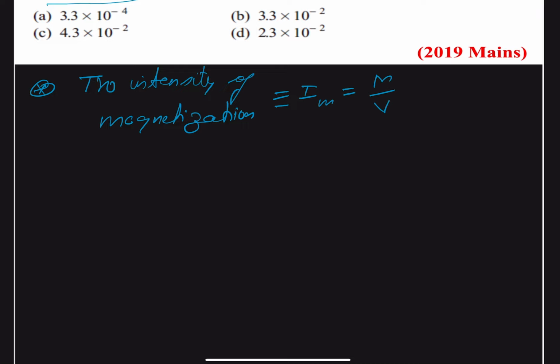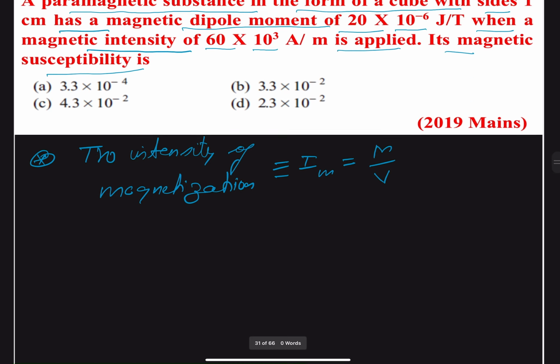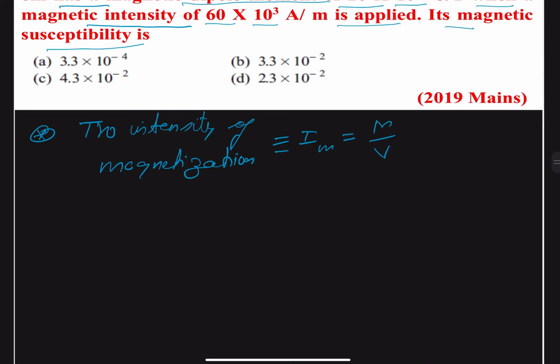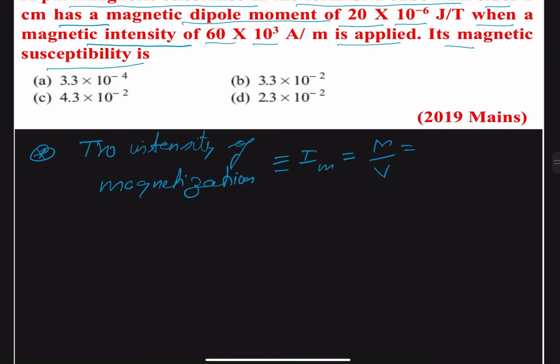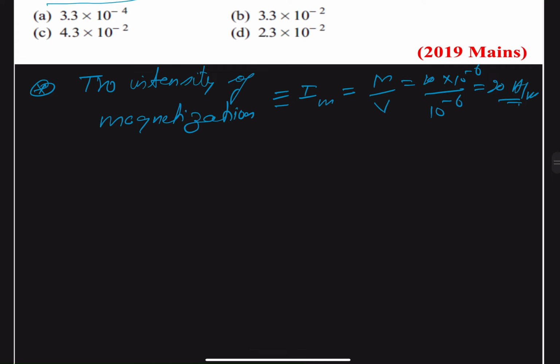Magnetic moment we already know is 2 into 10 to the power minus 6. Volume is our side 1 centimeter cubed, so this comes as 10 to the power minus 6. So this gives us 20 ampere per meter. So this is our intensity of magnetization.